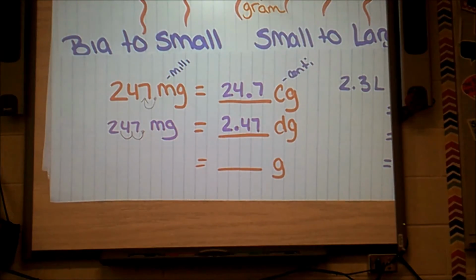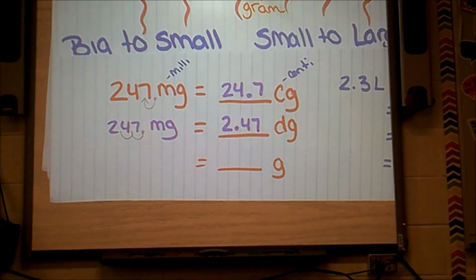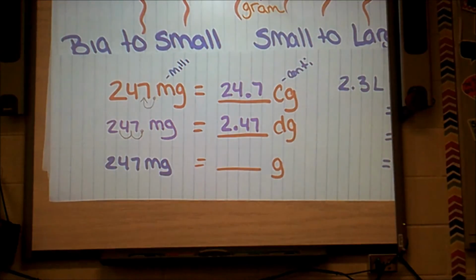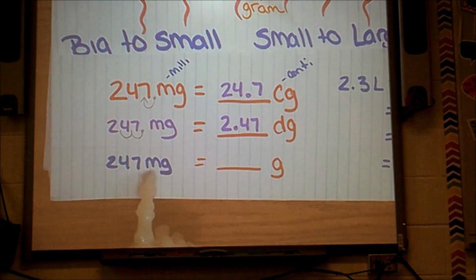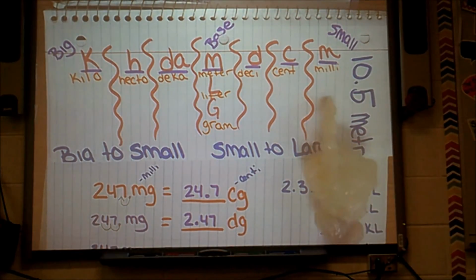Let's try this one more time. I'm still going to be using my 247 milligrams. But now we're going to be converting the milligrams into grams. So step 1, put your finger on the milligram. So here's my milligram.